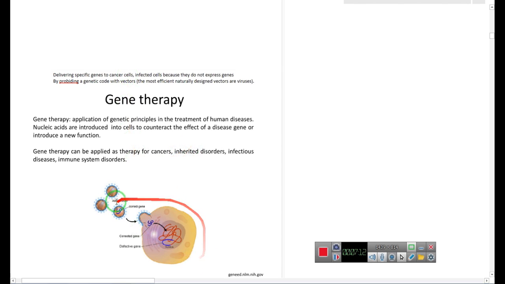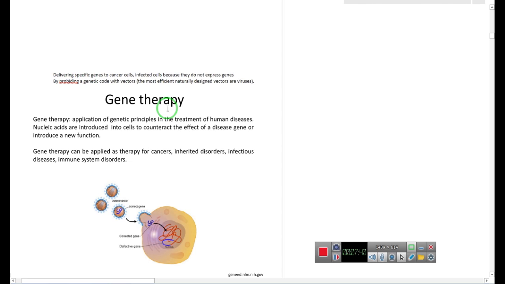So something is wrong. The genetic code of the cells has been changed. So if we treat the cancer cells genetically by delivering some genes, we can stop the uncontrolled proliferation of the cells of the cancerous tumor.